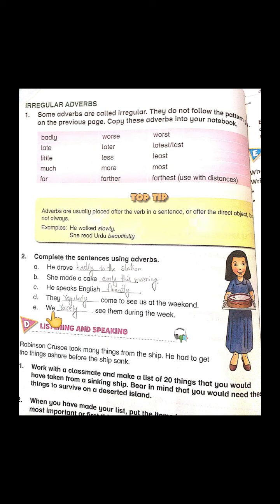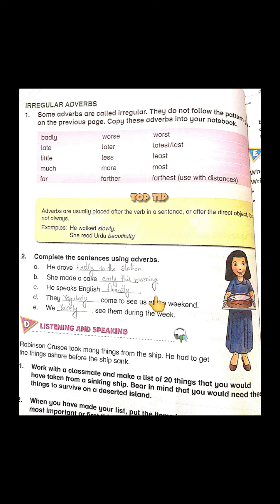And the last is we rarely see them during the week. You see, in this exercise, what they want to tell us is that we can use adverbs right after the verbs as well as right after the objects. Got it? Here they want us to learn where to place the adverb.